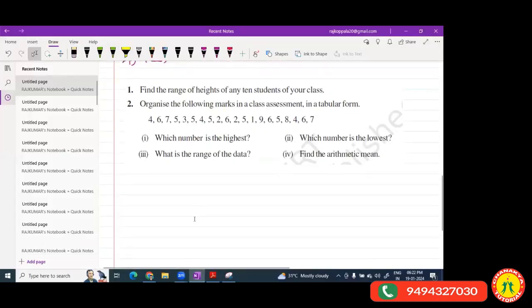The first question: find the range of the height of any 10 students of your class.